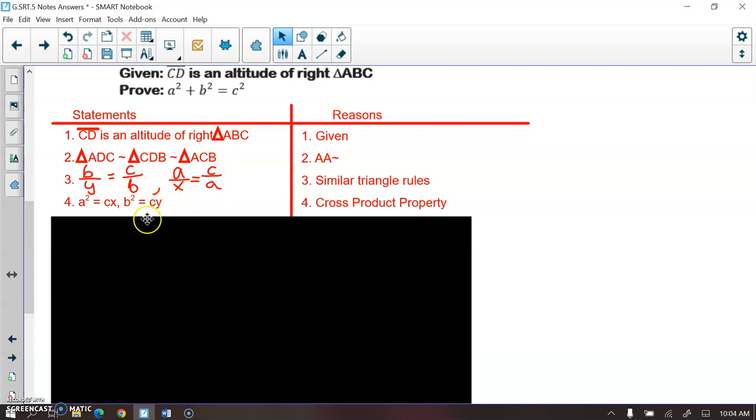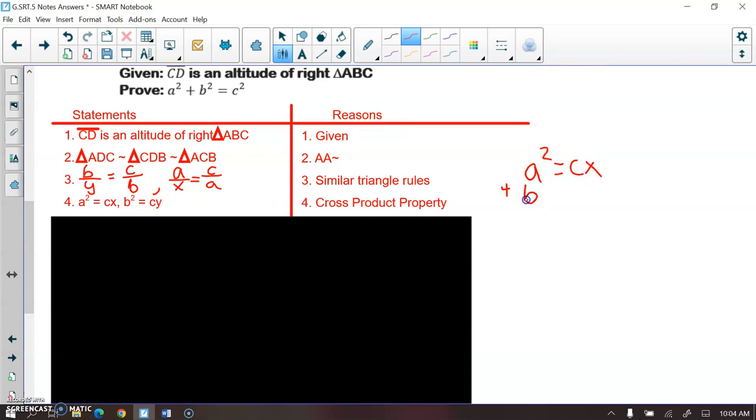Now what we're going to do is add these two equations together. We just wind up with a squared plus b squared on the left side of the equation, and that equals cx plus cy on the right side of the equation.